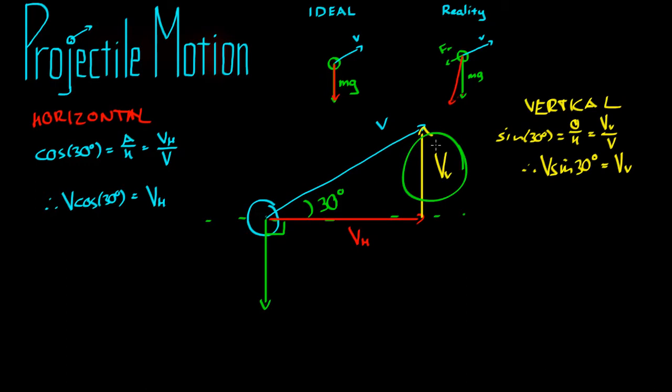So once we've separated these two things out, we can work out things like how long it'll take for a ball to reach maximum height. So say v was equal to 10 meters per second. Then v vertical, the vertical velocity, is equal to 10 sine 30 degrees, which is equal to 10 times a half, which is 5 meters per second.